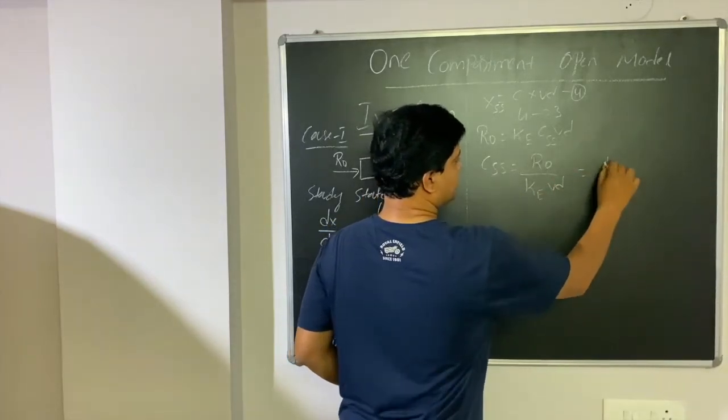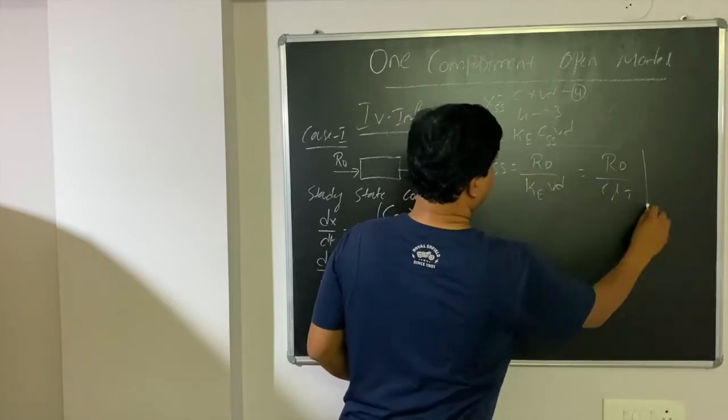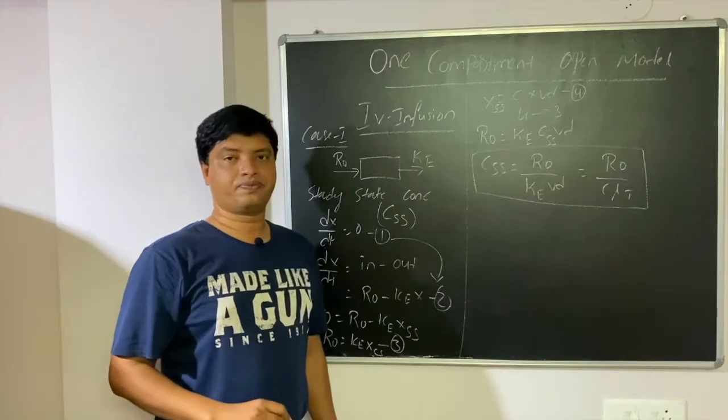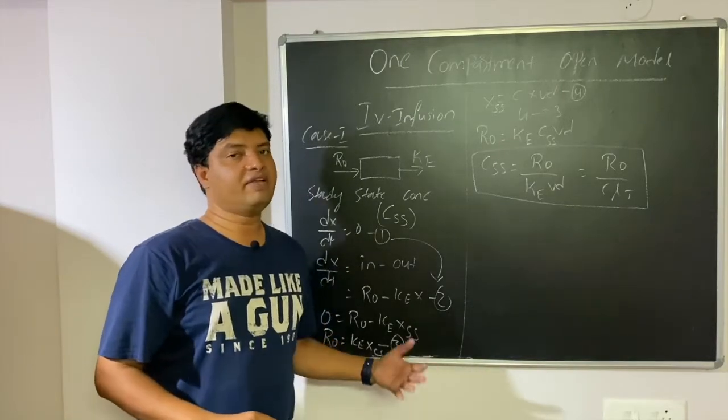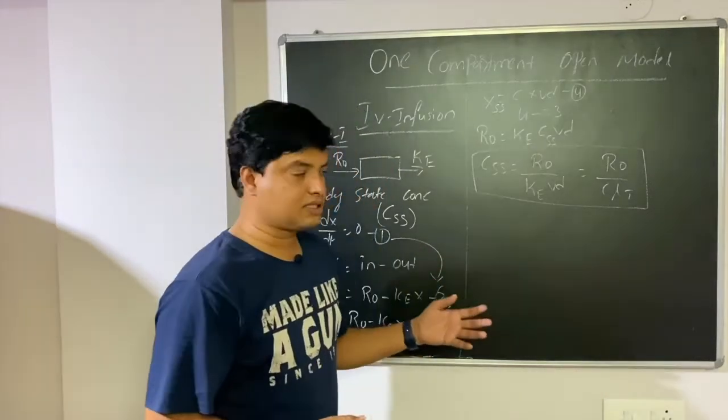We can also write it as R naught by clearance. So this is the equation for the steady state concentration in case of IV infusion. Once the drug reaches steady state concentration, this equation represents it.